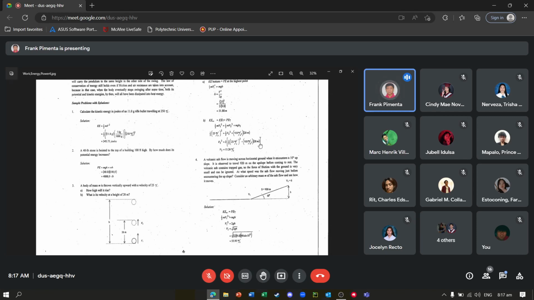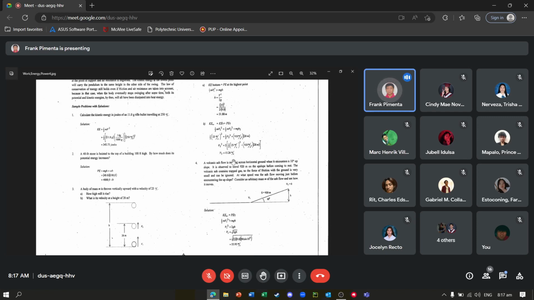Okay. So for letter A, to determine the maximum height, the kinetic energy at the bottom, which is the maximum kinetic energy, is equal to the potential energy at the highest point, the maximum potential energy.